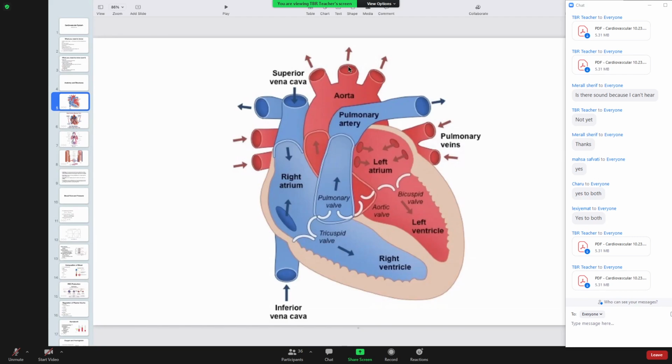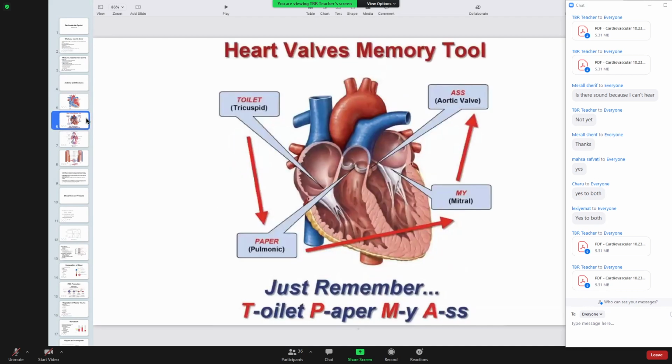When you go through each of these chambers, you will be passing by a valve, so you do need to remember which valves are what and the order in which they come. The mnemonic I use for heart valves is toilet paper, my ass, TPMA. First, you go through the tricuspid valve between the right atrium and the right ventricle.